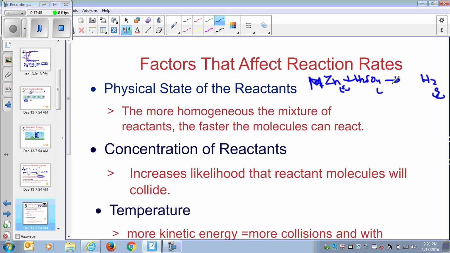If they are all in the same state, like all gases, they will work faster. Or if they're all liquid, like in solution, the reaction is the fastest. So keep that in mind. The homogeneous mixture of the reactants makes the molecules react faster.